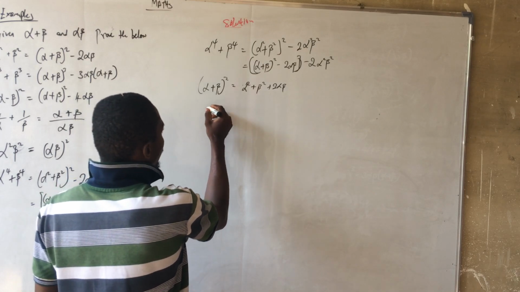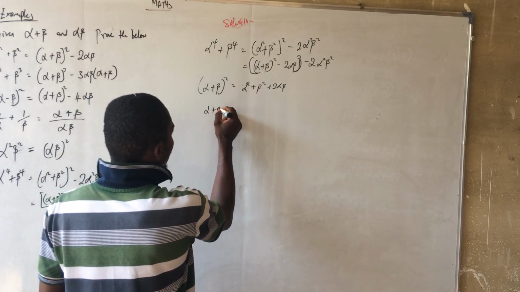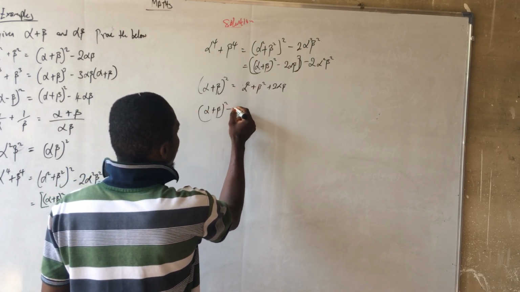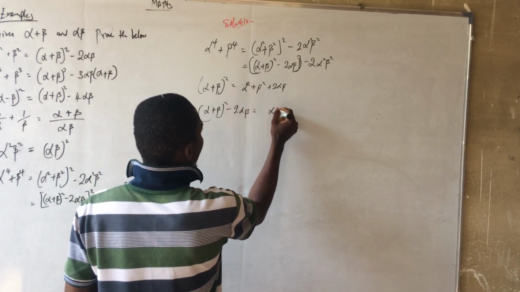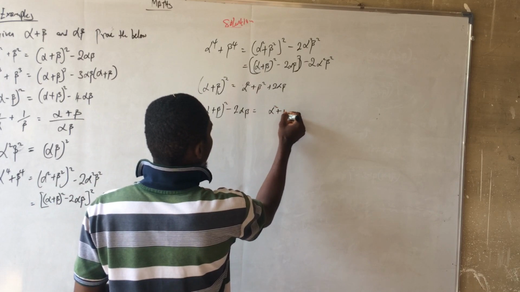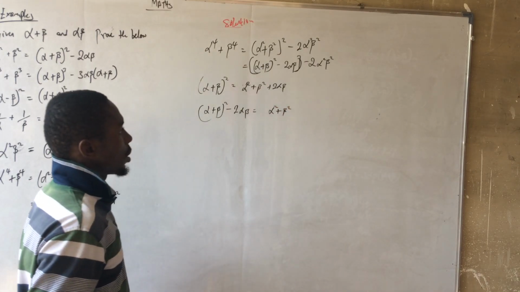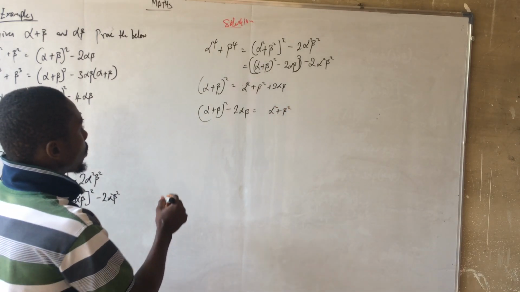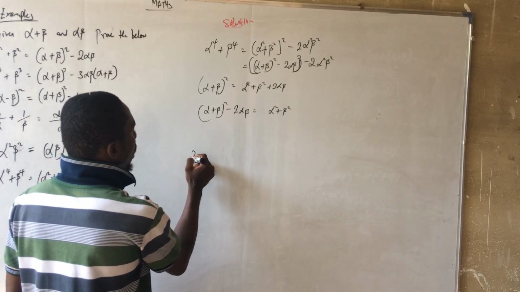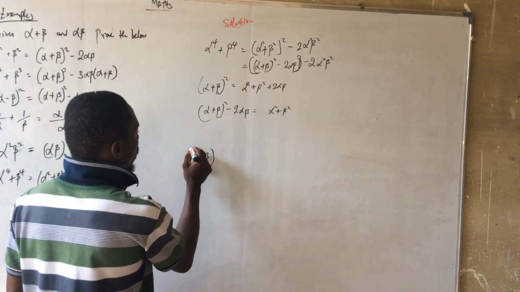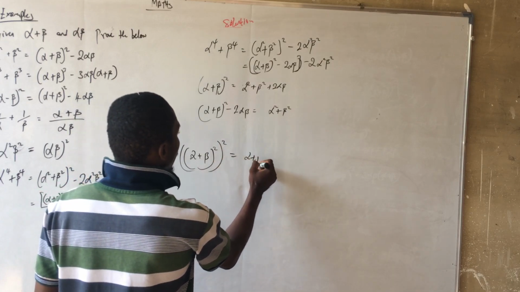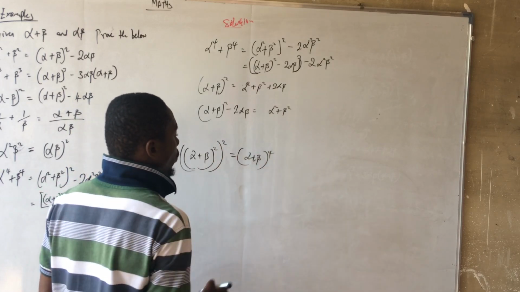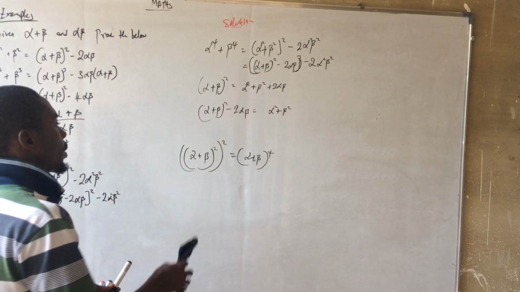If I subtract 2 alpha beta from alpha plus beta squared, it will give me alpha squared plus beta squared. Right? Yes. And moreover, you remember that alpha plus beta all squared is equal to alpha plus beta to the power 4.